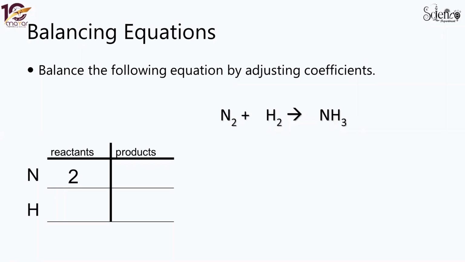As Nabi said, in reactants we have 2 nitrogen and 2 hydrogen atoms. In products we have 1 nitrogen atom and 3 hydrogen atoms. So by looking at the table, the number of atoms is not the same for nitrogen or hydrogen.